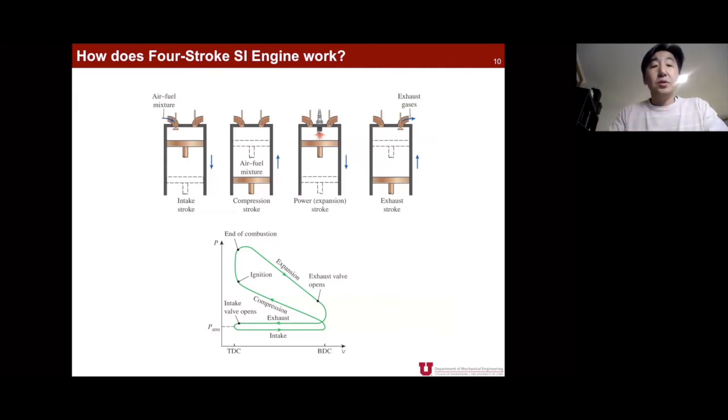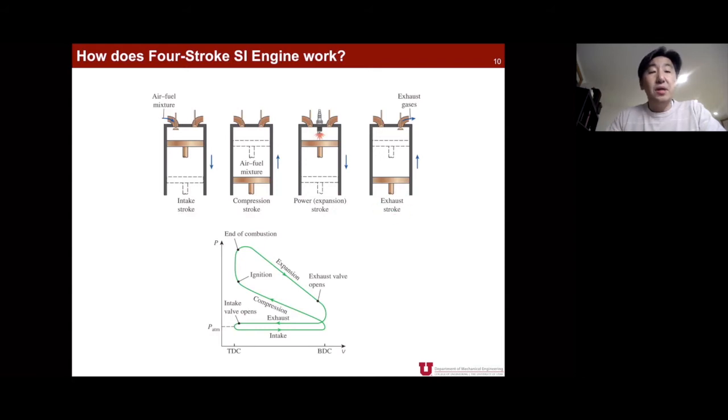The first stroke is the intake stroke. The second stroke is compression. The third is the power or expansion stroke. And the last stroke that makes up your four-stroke engine operation is the exhaust stroke.